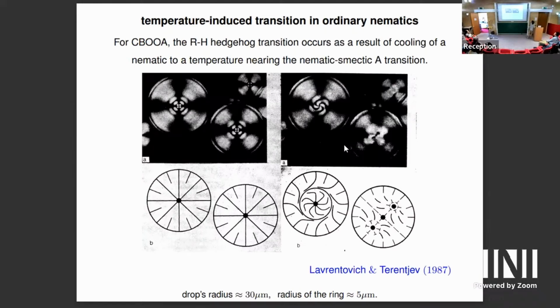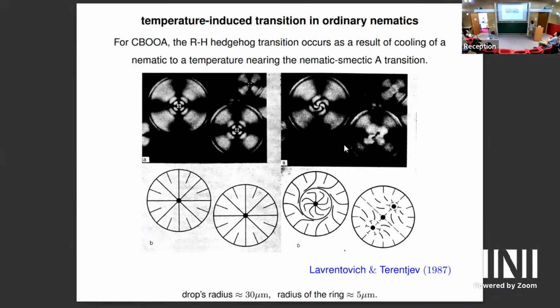And here a defect core is identified and it is delimited by the inversion ring, where the spirals invert the winding sense. The droplets which are observed have a radius of about 30 micrometers, and the radius of the internal ring is a fifth of that.